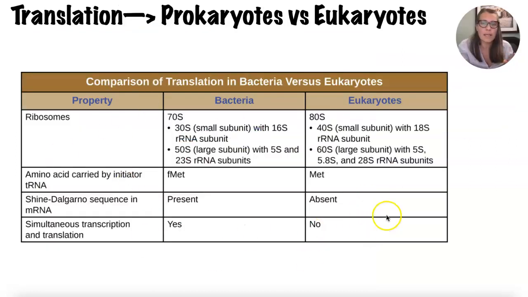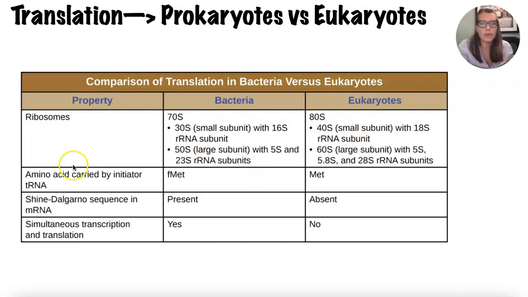I love this because it's a little table that goes through the differences between translation in prokaryotes and eukaryotes. As you can tell, they're very similar. The difference is the ribosomes have a different structure. This is the weight of those subunits, so it's different in bacteria and eukaryotes. Also, the actual genes are a little bit different.